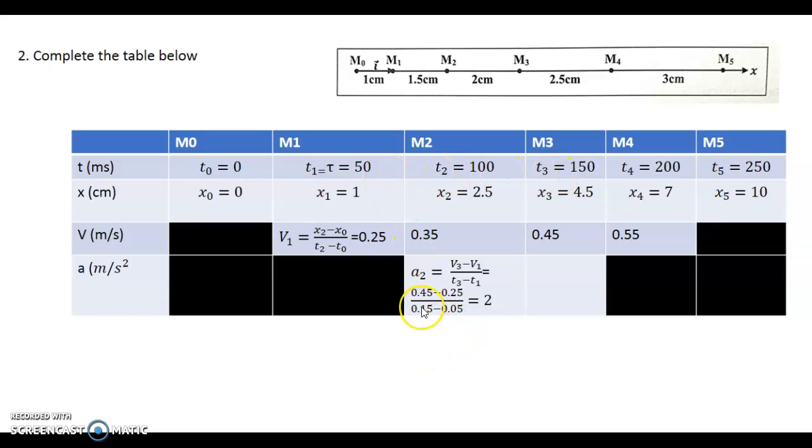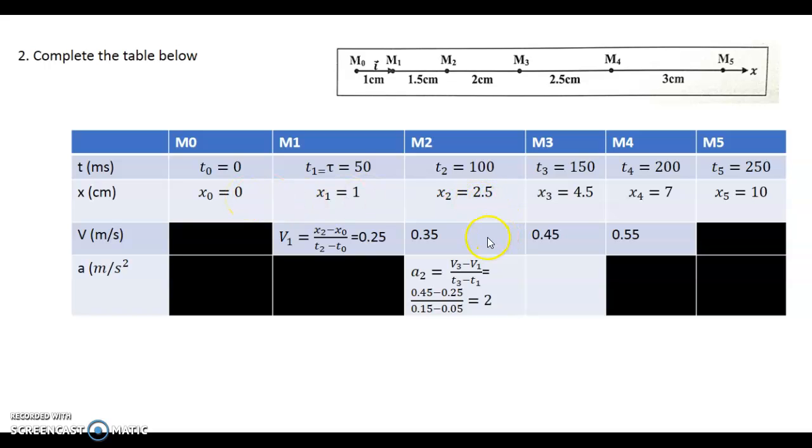But here I would like to mention a very important note, which is that you have the units in meter per second and meter per second squared. So when you do x2 minus x0, do not keep it in centimeter. You have to convert the values into meter by dividing by 100. You don't say, for example, x2 is 2.5; it's actually 0.025 minus 0.